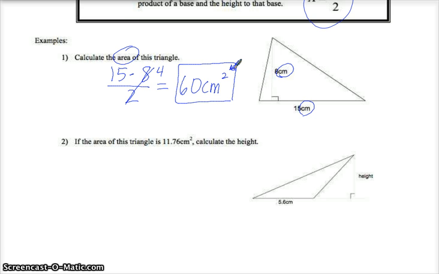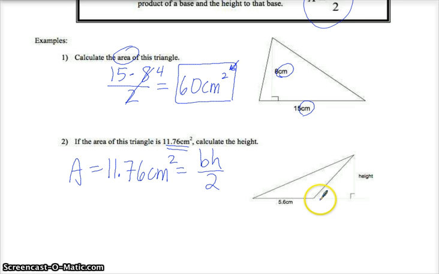Okay, moving on. What if I give you the area and you have to come up with one of the dimensions, either the base or the height? So in this case, I tell you the area is equal to 11.76 centimeters squared. Well, we know the area equals base times height divided by 2. And let's look at this triangle.